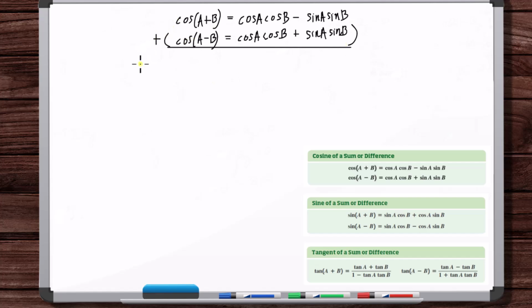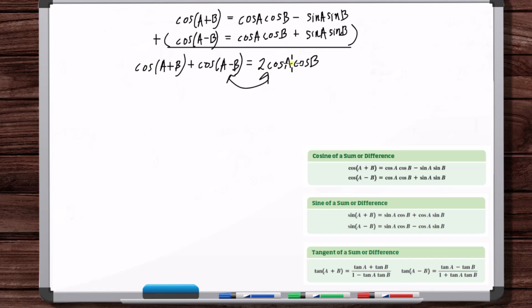We get cosine of A plus B plus cosine of A minus B is equal to, minus sine A sine B plus sine A sine B, that goes to 0, and we have cosine A cosine B plus cosine A cosine B, so that's 2 cosine A cosine B.